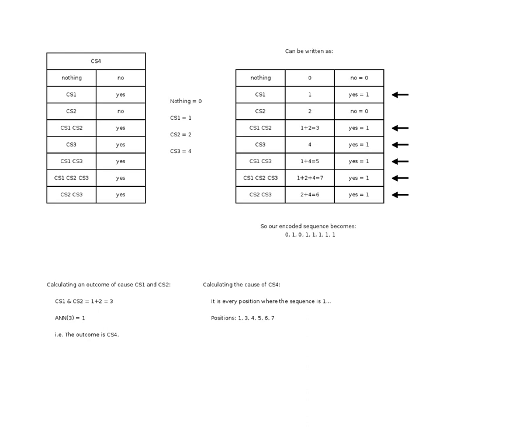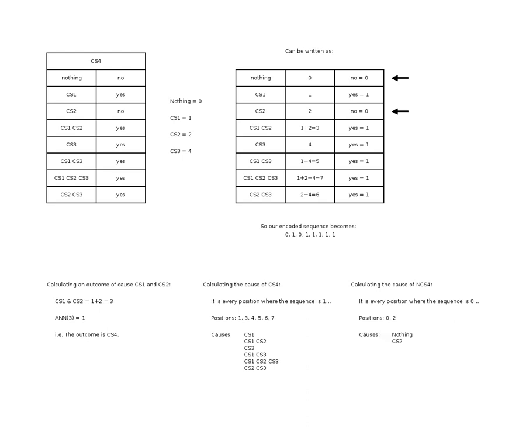This corresponds to causes CS1, CS1 and CS2, CS3, CS1 and CS3, CS1 and CS2 and CS3, CS2 and CS3. If we wanted to know what did not cause CS4, we would list all the positions which are no. That's 0 and 2. These correspond to nothing and CS2.